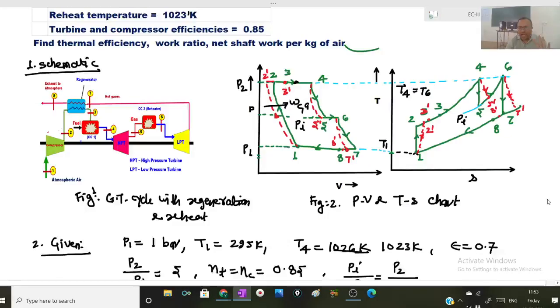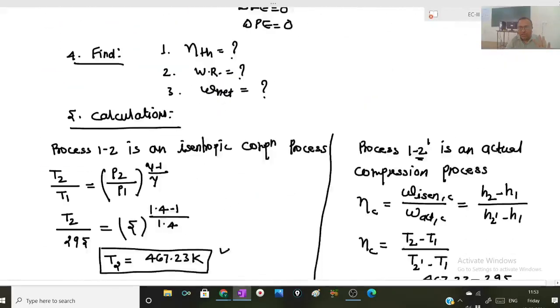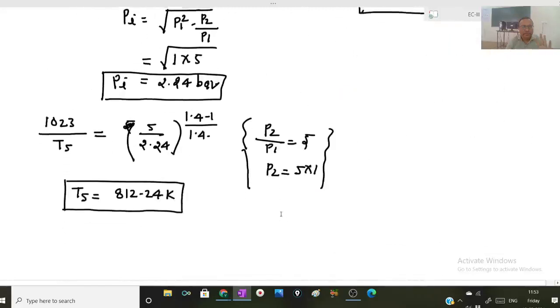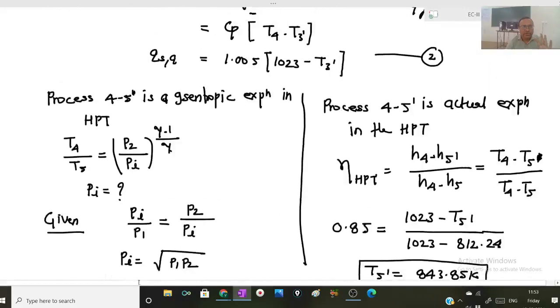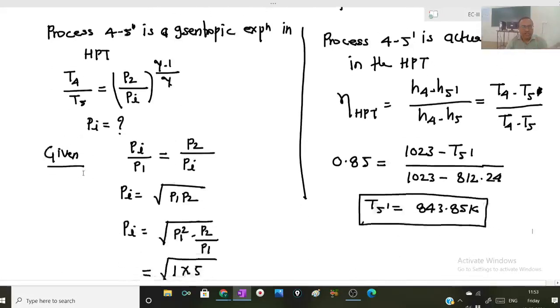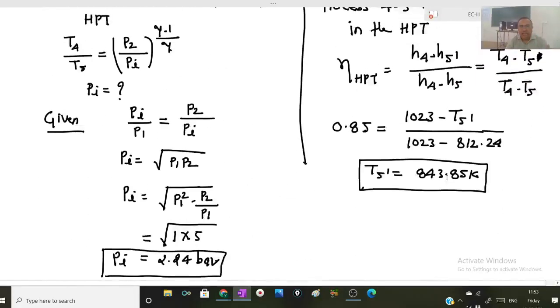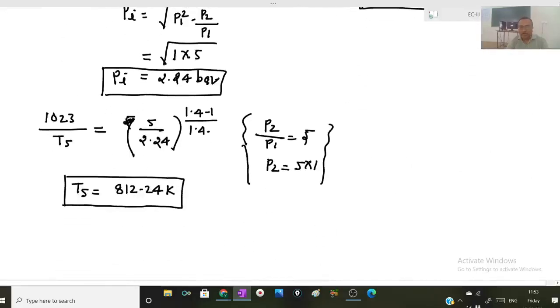Okay. Now, move to this relationship. From here, P2 by Pi is same, T4 is equal to T6. So obviously T5 will be equal to T7 and T5 dash will be equal to T7 dash. So that is the concept I wanted to convey through this numerical.